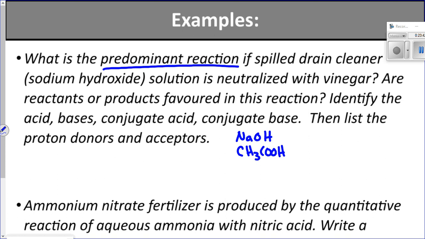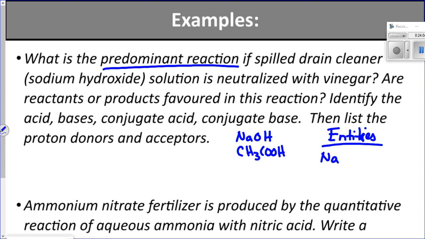So based on the fact that I'm listing out my entities now, so maybe I'll list them over here. Sodium hydroxide, I know that's a strong base, so I list strong bases in their dissociated form.